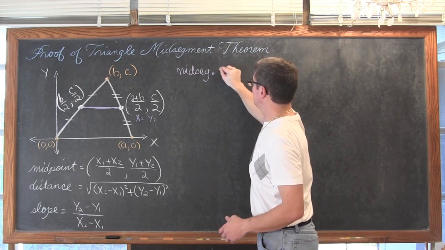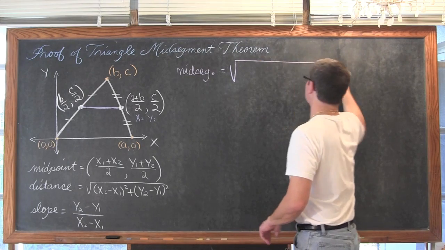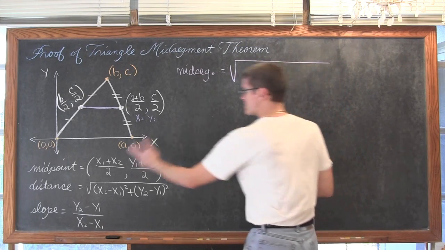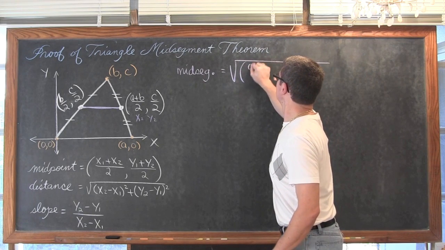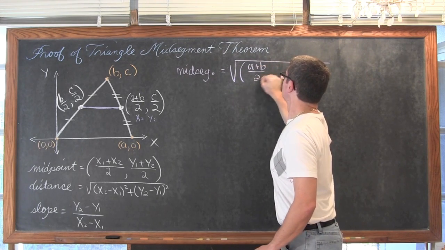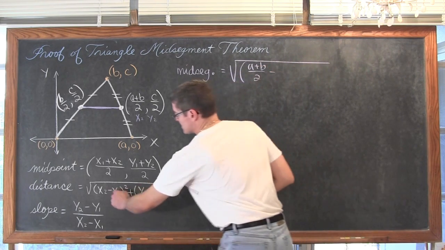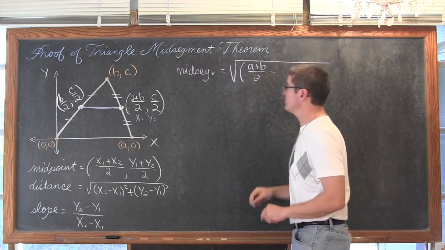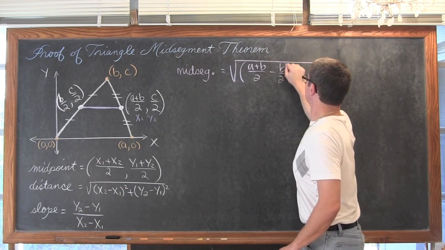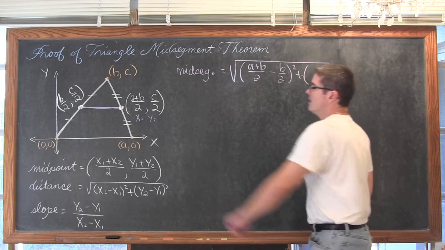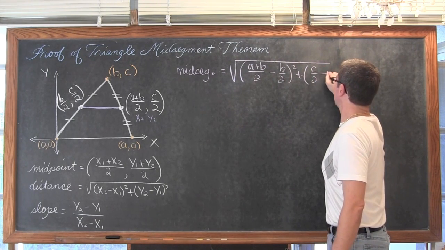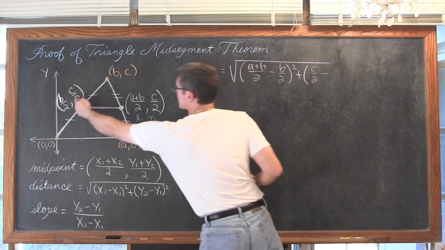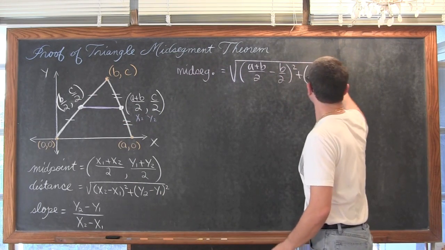So our midsegment, that length is going to be equal to the square root of, let's see here, x sub 2, so a plus b over 2, minus x sub 1, so minus b over 2, squared, plus y sub 2, which is going to be c over 2, minus y sub 1, which is again c over 2.